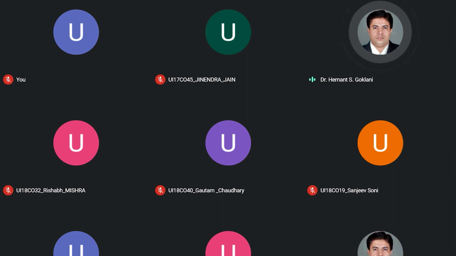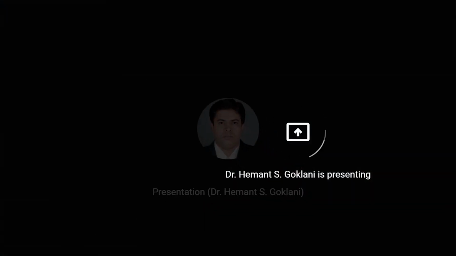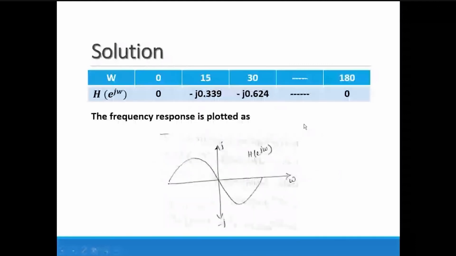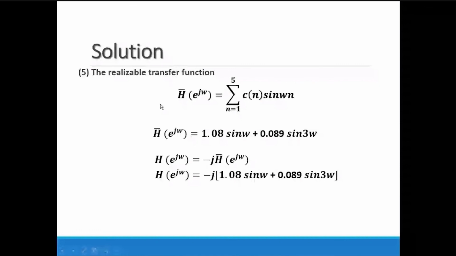Okay, let me share the answer with you. The realizable transfer function H dash e raised to j omega is the summation from 1 to 5 of cn sin omega n. When you apply the values, your answer will be 1.08 and 0.089.